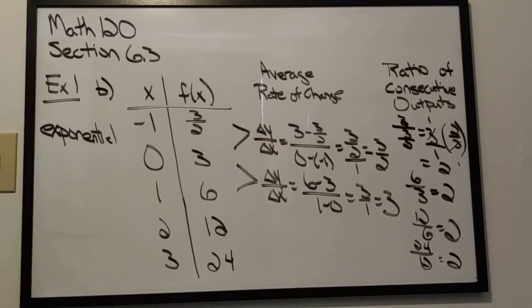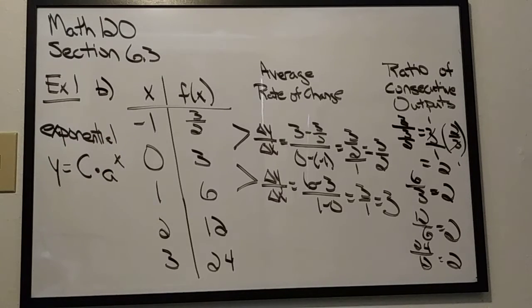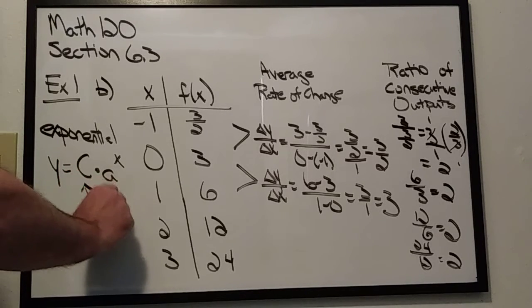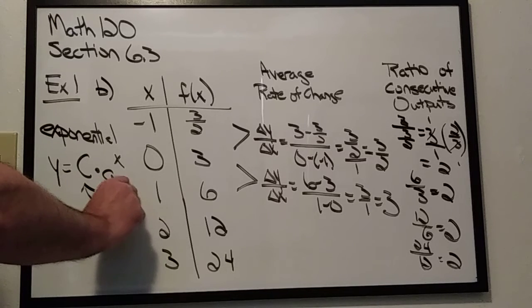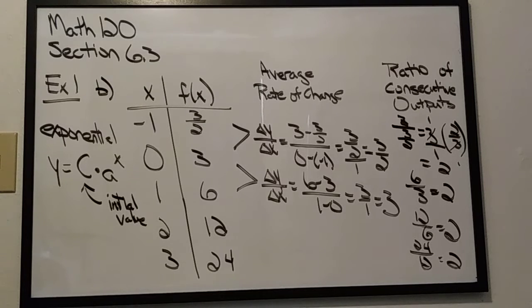Now that we have that, we can actually write down the functional notation for this problem. So remember from above, exponential functions in general can be written in the form y equals c times a to the x. Now, before, I simply said c was a constant, but in fact, c is something special. C is the initial value. And the initial value is the value associated with the x value of 0.